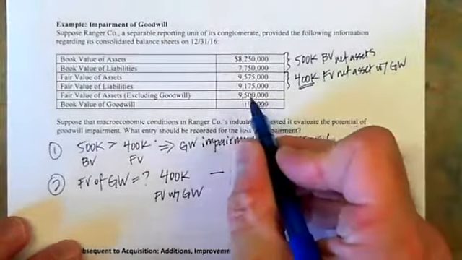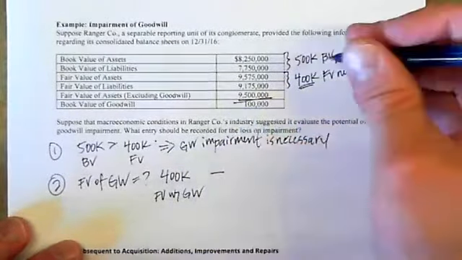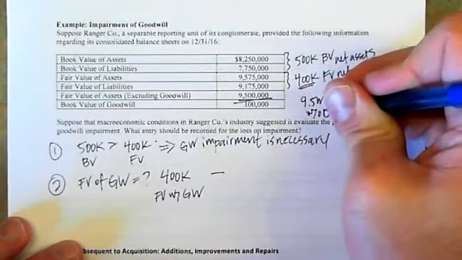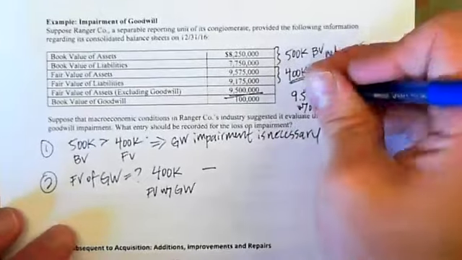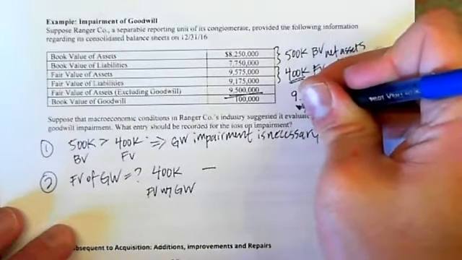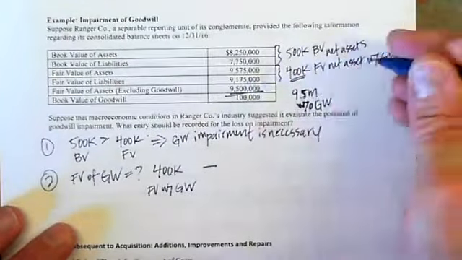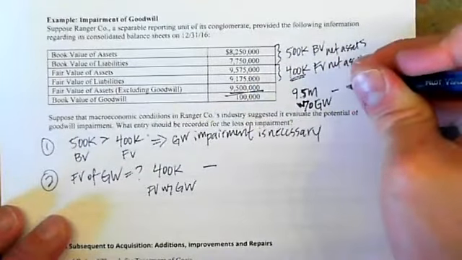Well, the fair value without, I have assets of 9.5 million without goodwill. And then I would subtract off the fair market value of my liabilities without goodwill.